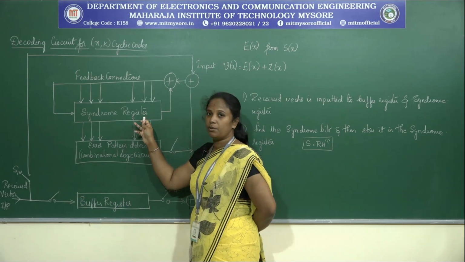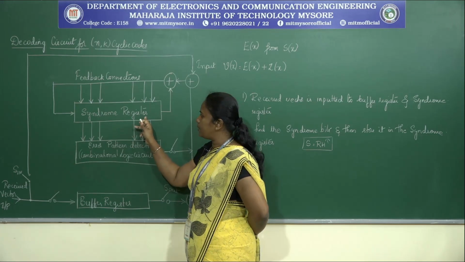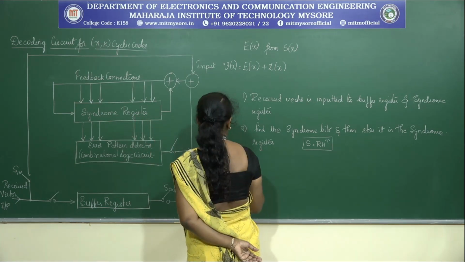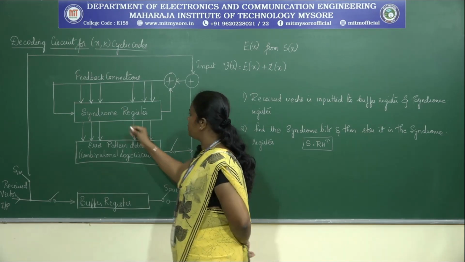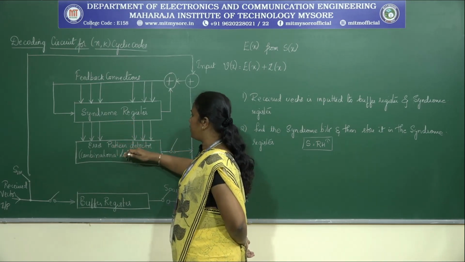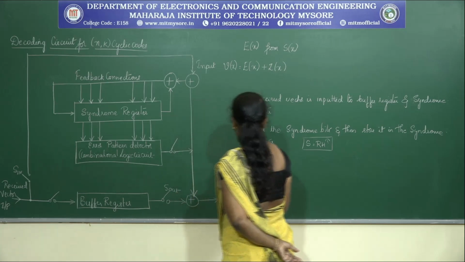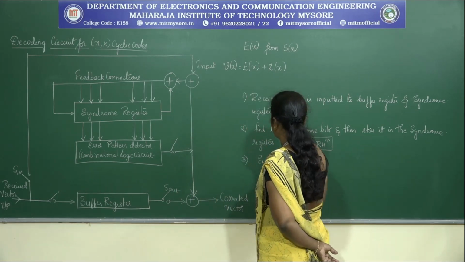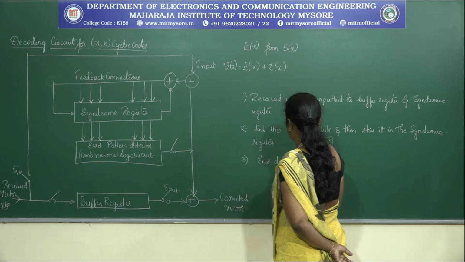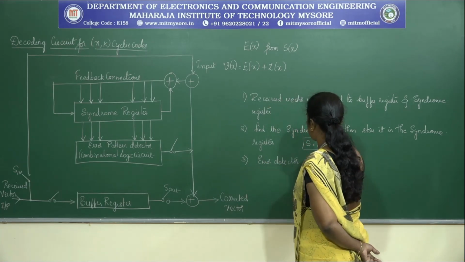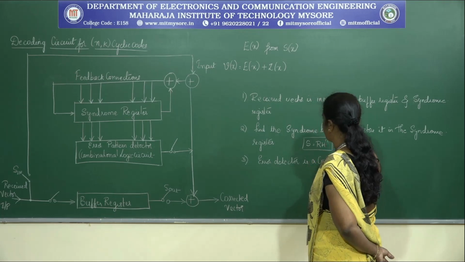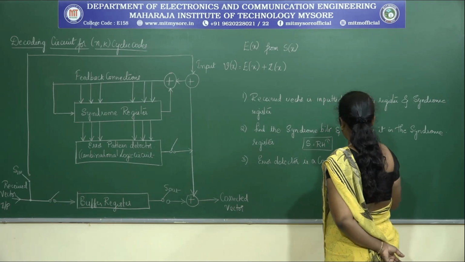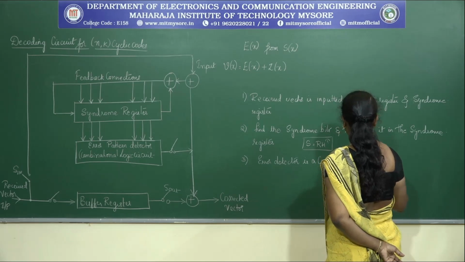Once the syndrome bits are found and placed in the syndrome register, the next step, the third step, is the error pattern detector. That means we have an error detector circuit, which is a combinational logic circuit.